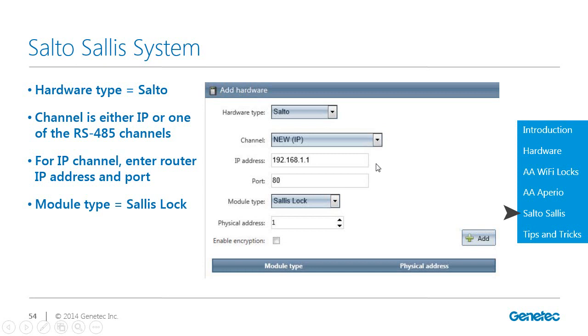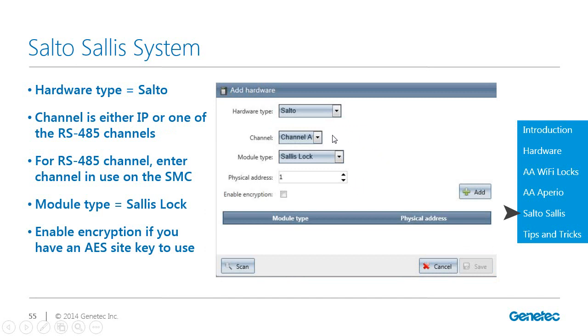If you pick an IP channel, put in the IP address that we're using, and the port number being used by the router. If we're using one of the RS-485 channels, we enter the channel number right here. The next step is to select Solus Lock as the module type, and enable the encryption if we have an AES key right here.